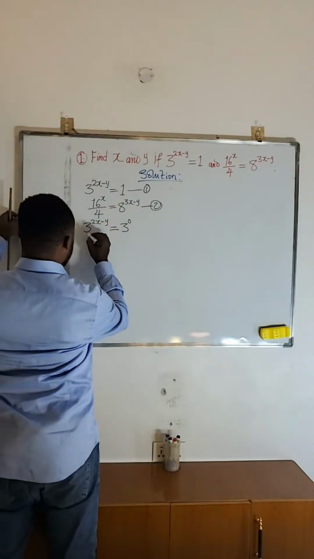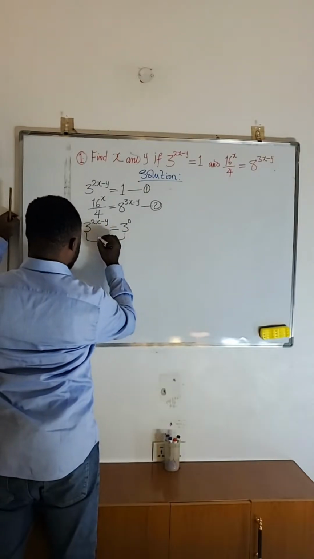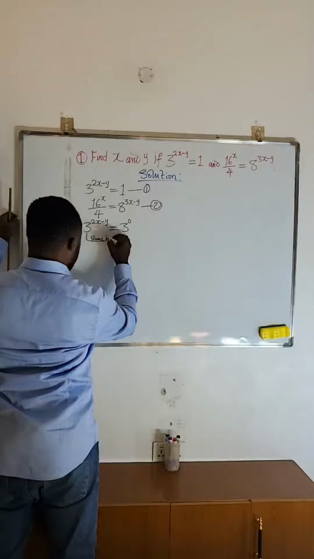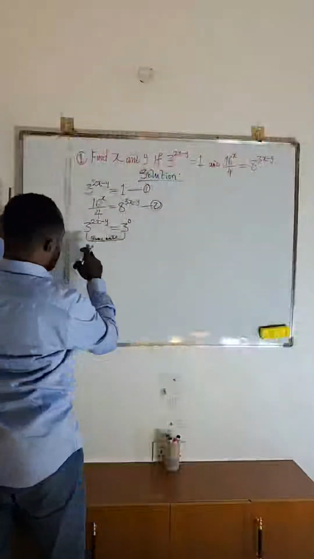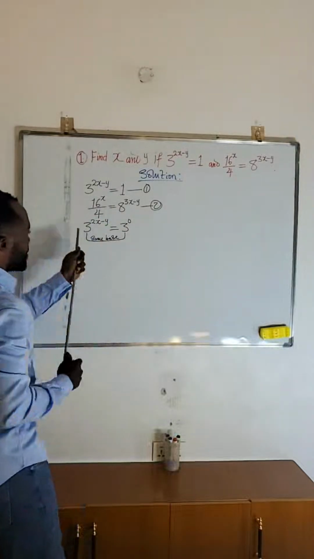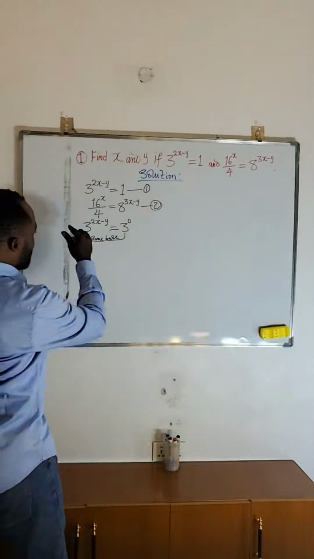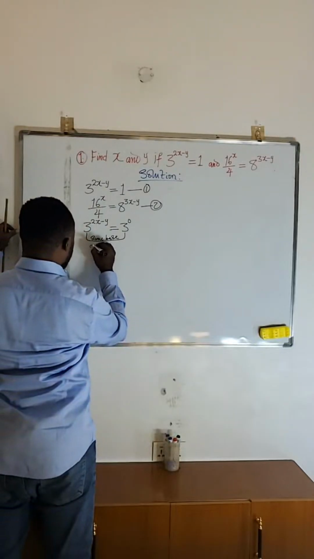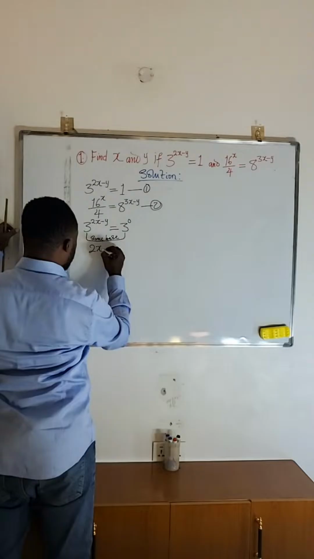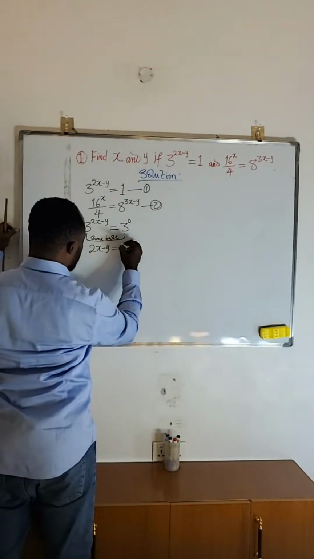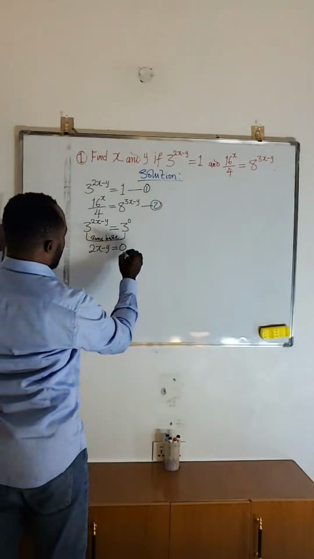Now, since these two have the same base, since this is 3 on the left hand side and this is 3 on the right hand side, we will equate their powers. And if we equate their powers, we'll have 2x minus y equals 0.